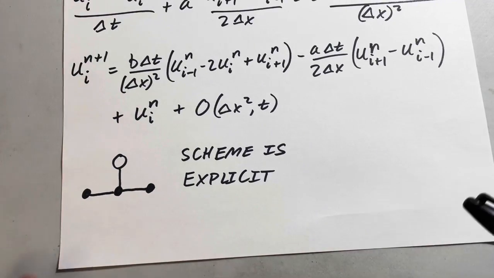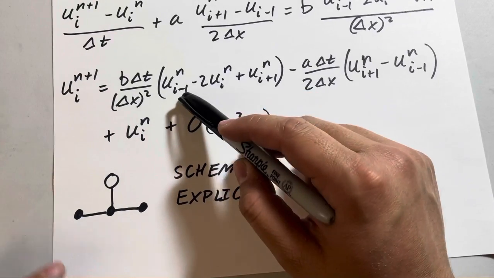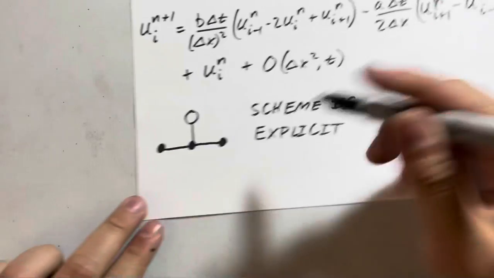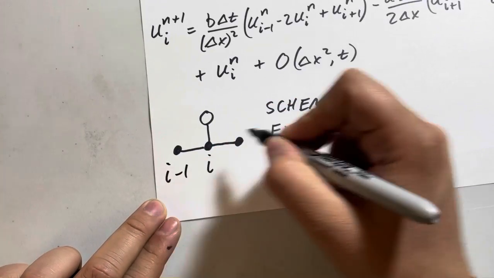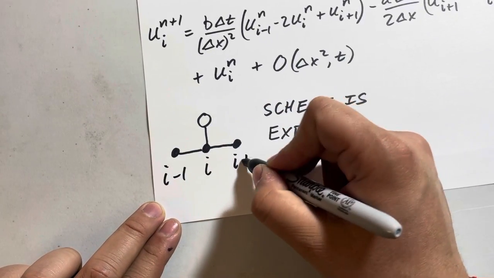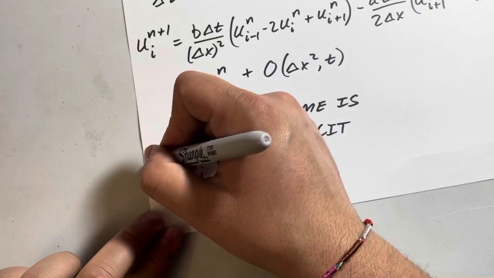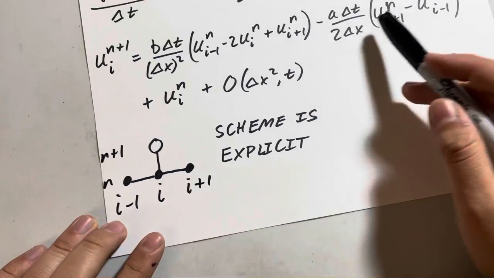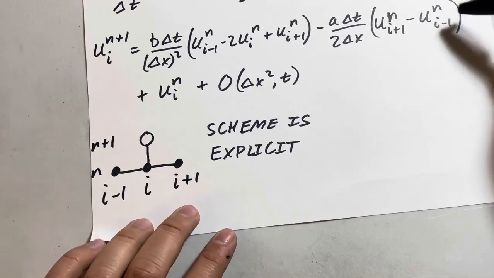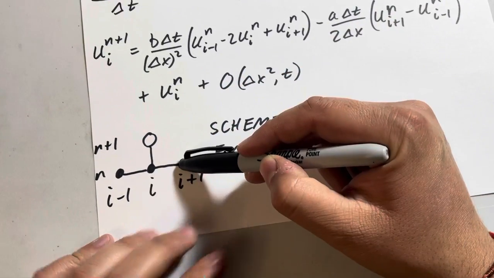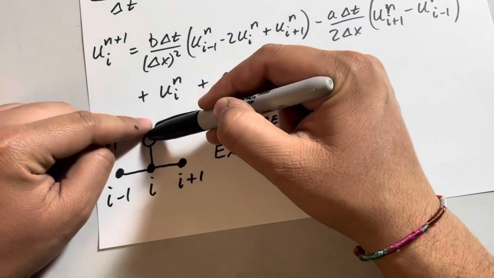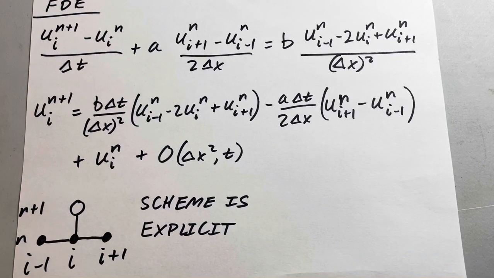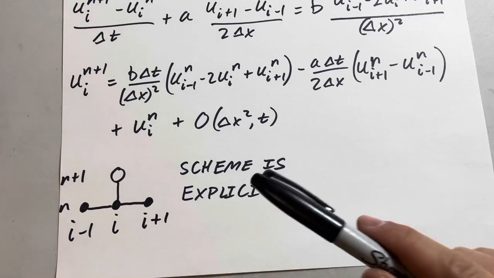So to visualize it, we see we have I-1, and then we have I, and I+1, and all this is at the n time step, n+1. So all these terms are here, and we solve for the next time. So therefore, this is an explicit scheme.